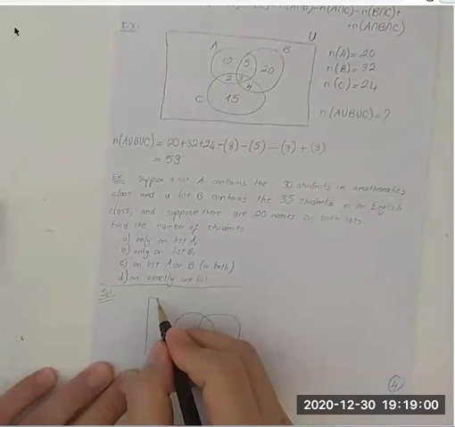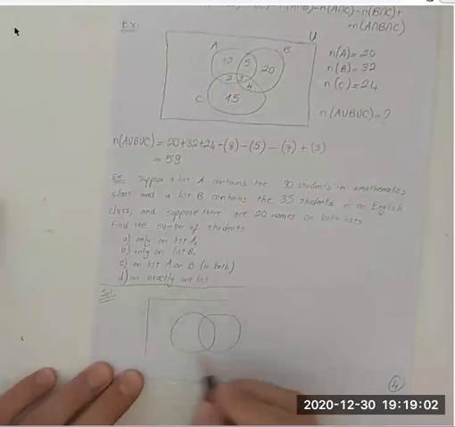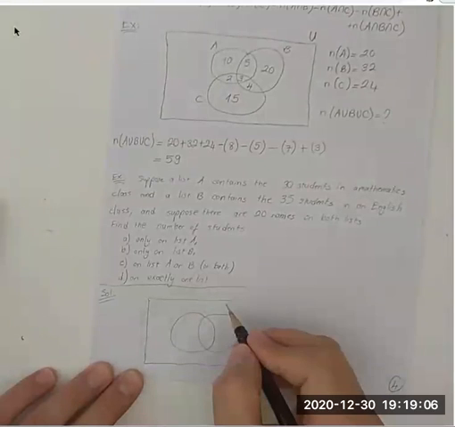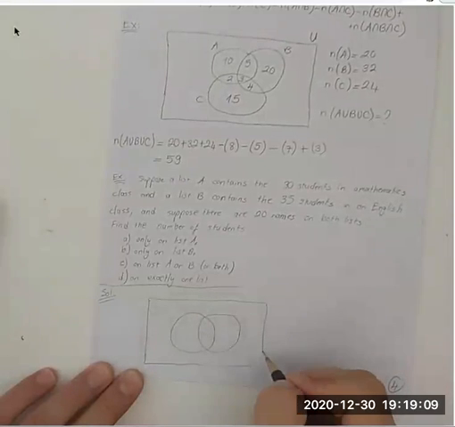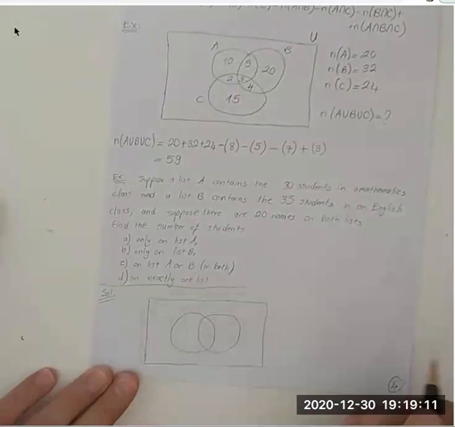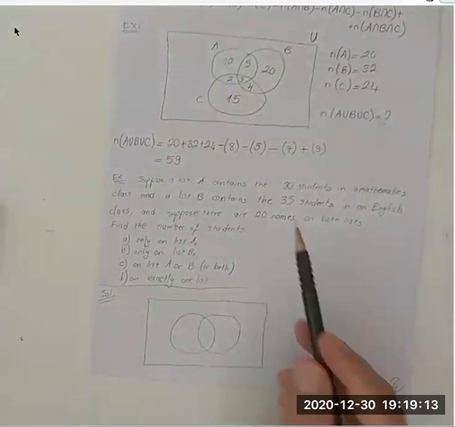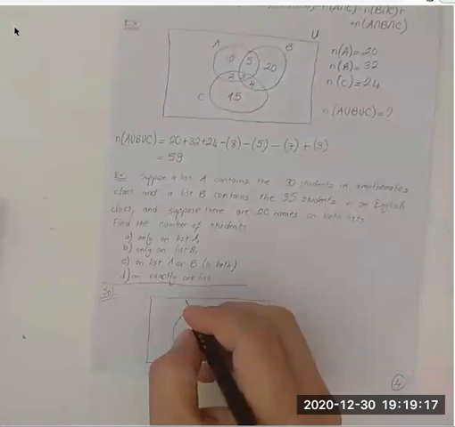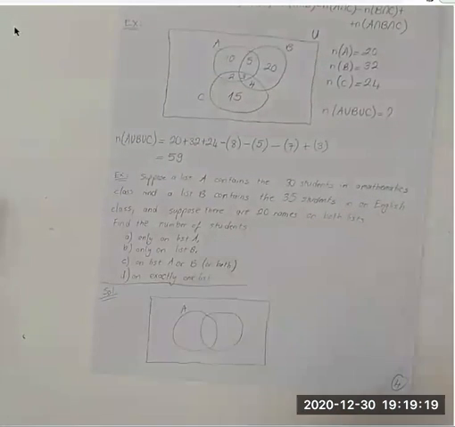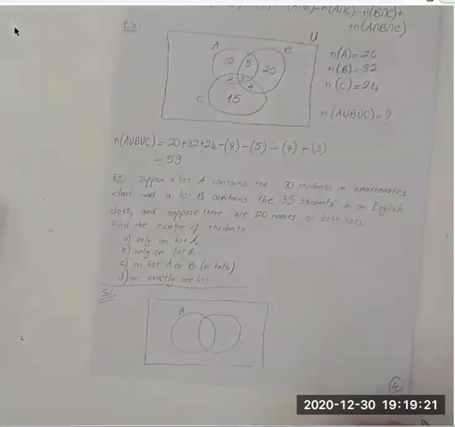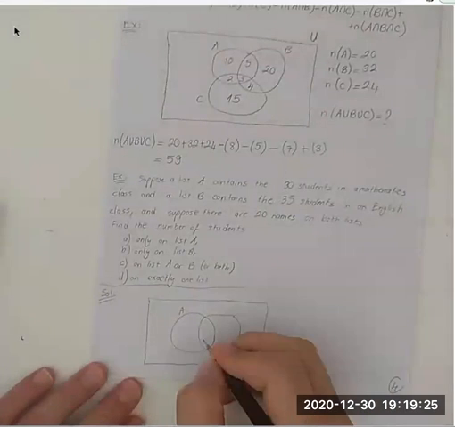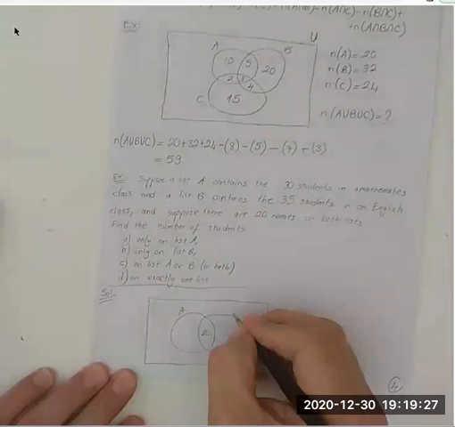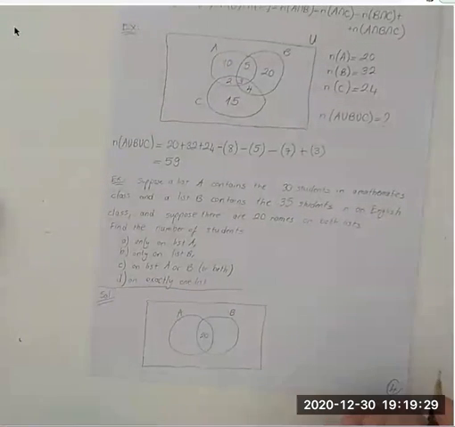A contains 30 students in the math class, and B contains 35 students. And for both, we have 20 students here, right? So it means there are 10 more students here because in total A is 30, and B contains 35. It means there are 15 more students.